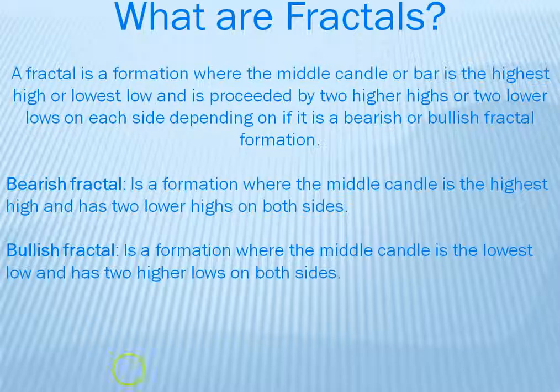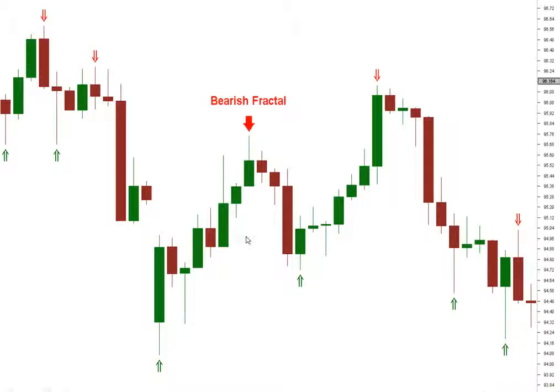Now a bullish fractal formation is a formation where the middle candle is the lowest low and has two higher lows on both sides. So let's show those. So here's that bearish fractal formation, and here's the middle candle, and you can see this is the high part right here. This is the highest high, and then this high here is not higher than that one, and this high here is not higher than that. So we have a fractal developing.